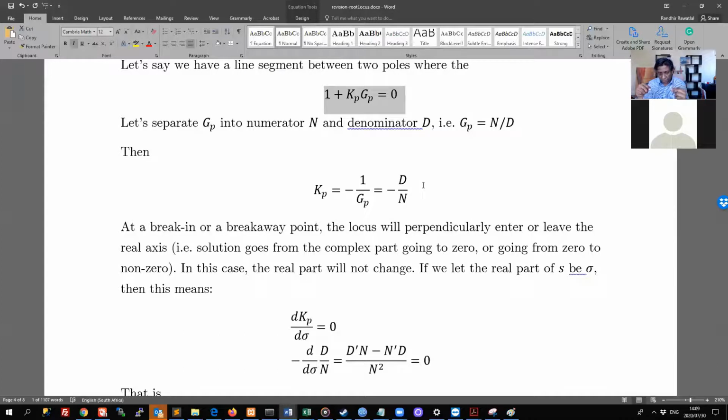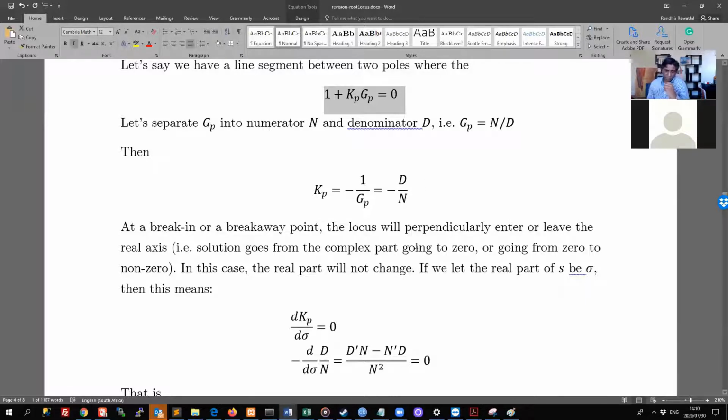And then when we reach a certain point, we'll move straight out from that real axis. It means that for different values of kp we are moving along a real number that's changing. And then at a certain point, that solution is going to move straight up. If it's moving straight up, that means the real part is not changing anymore. It's only increasing in the imaginary part.